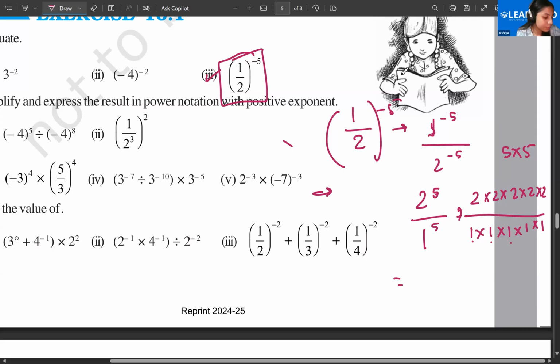I got the answer as 32. Correct. So the final answer will be 32.